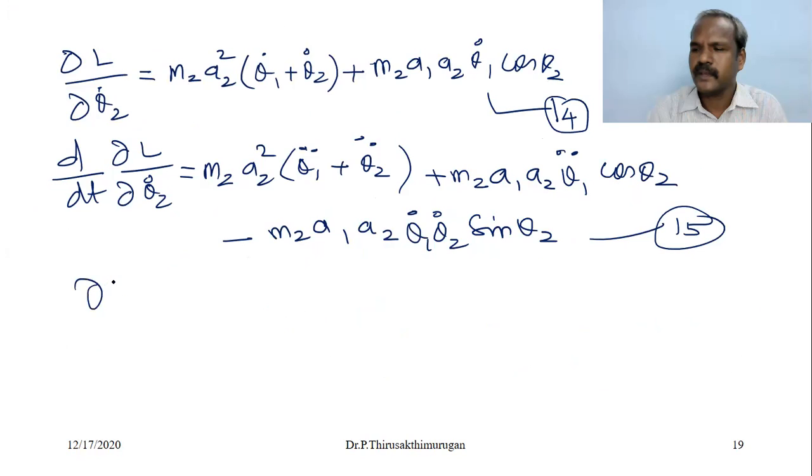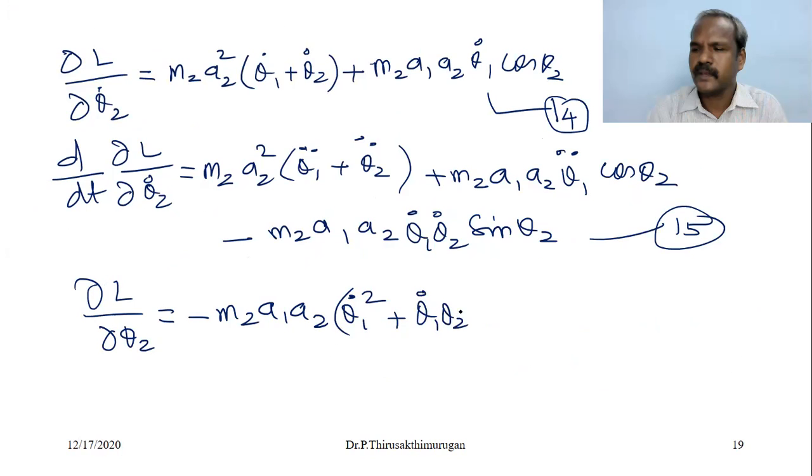Next we have to compute dou L by dou theta 2 only. So that is very simple. M2 a1 a2 theta 1 dot square plus theta 1 dot theta 2 dot sin theta 2 minus m2 a2 g cos of theta 1 plus theta 2.